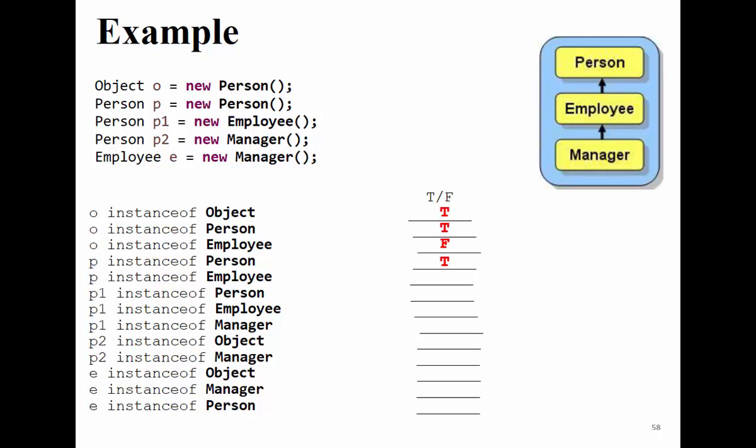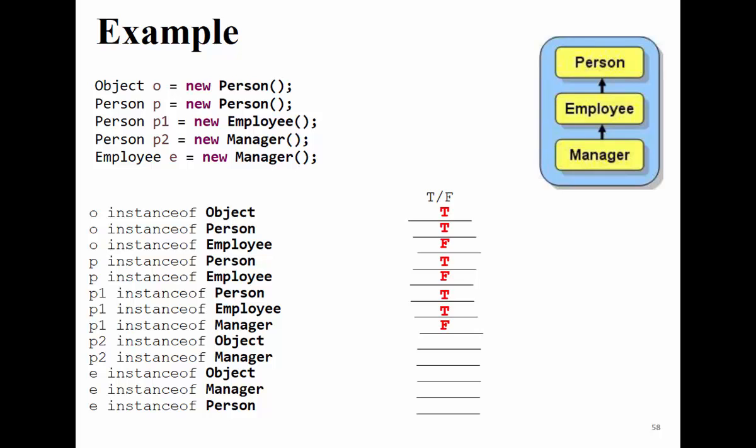P instanceof Employee, false. P1 instanceof Person, true. P1 instanceof Employee, true. P1 instanceof Manager, false.